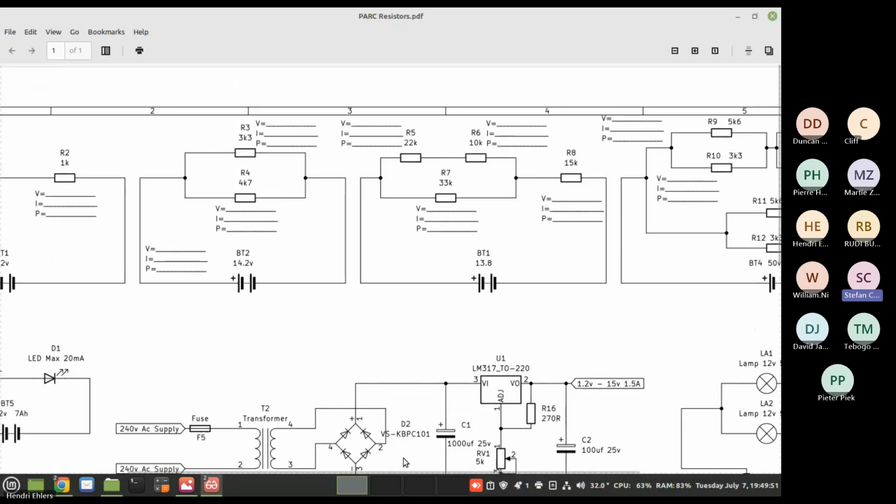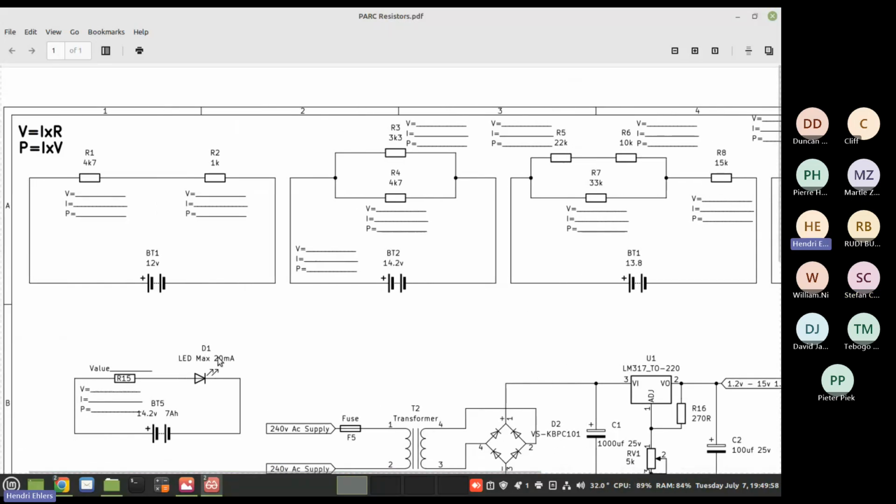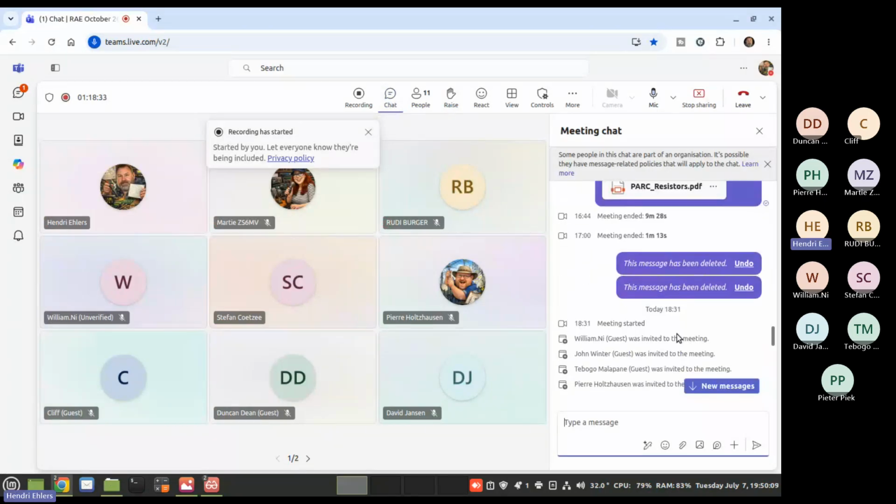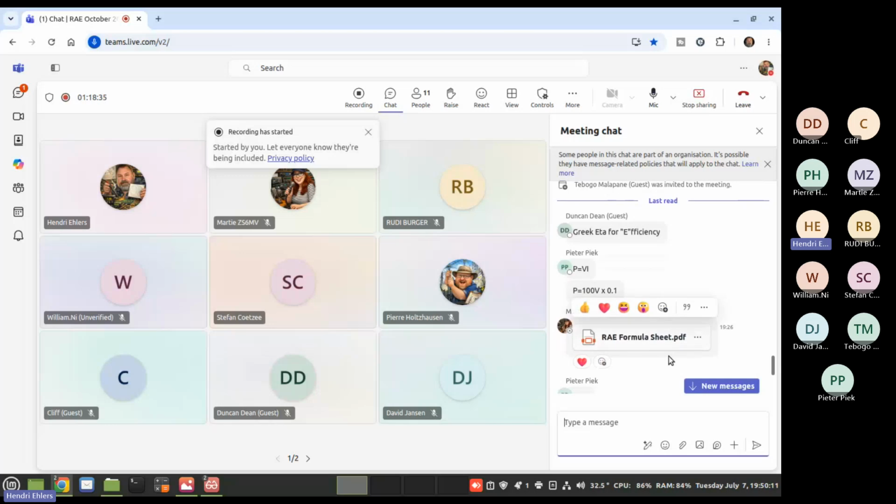Excuse me, where will we be able to see this so I can print it? It's in the chat. If you click on the chat at the top here and you scroll back, there's a couple of messages that went through.